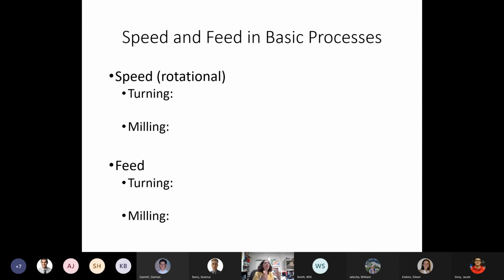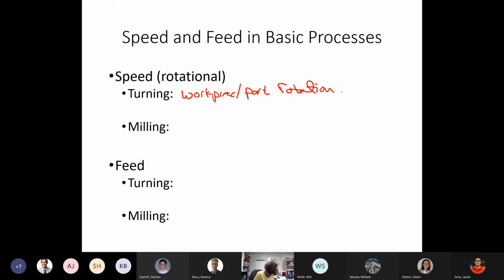What influences power? So when it comes to speed, when we're talking about turning, our speed is the workpiece or part rotation, and that's going to be in revolutions per minute.